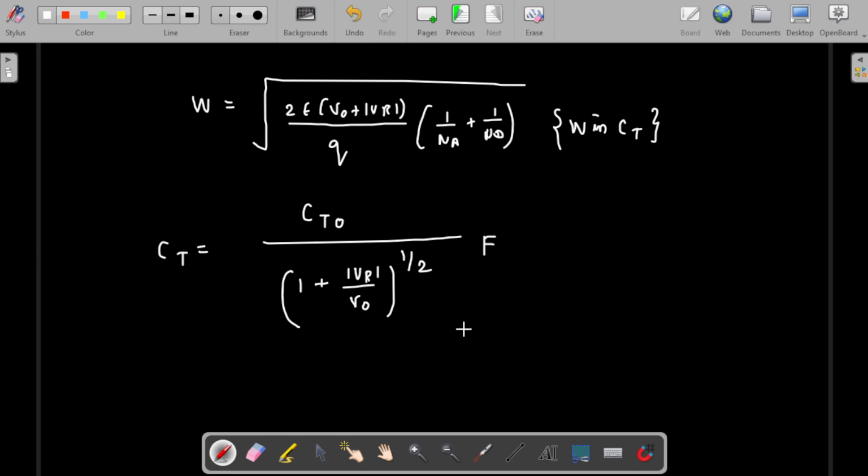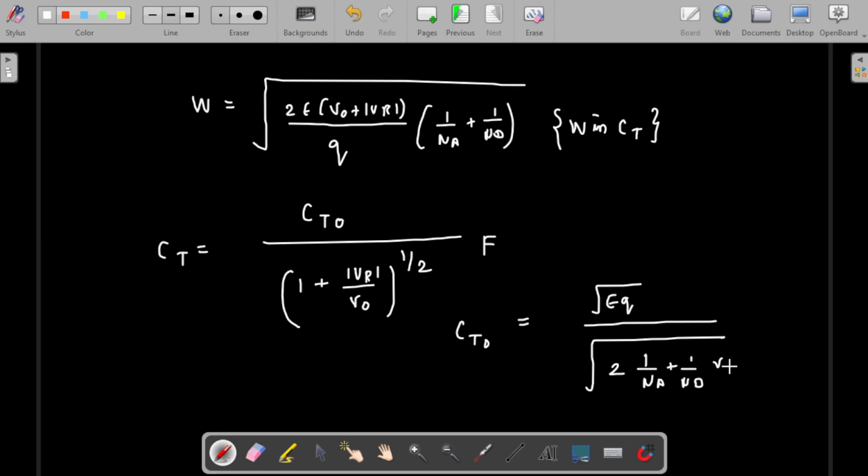The CT naught is equal to root epsilon q divided by root 2 times (1 divided by NA plus 1 divided by ND) V naught. Okay, so this is the constant. I hope you guys are able to understand this, right? So this is CT naught. This is one of the very important equations for the transition capacitance that is coming into picture.